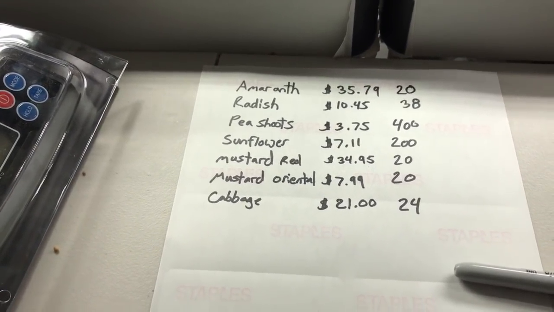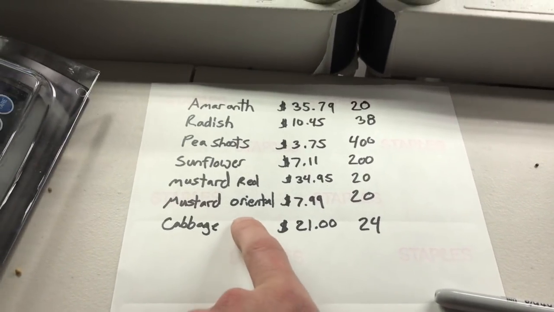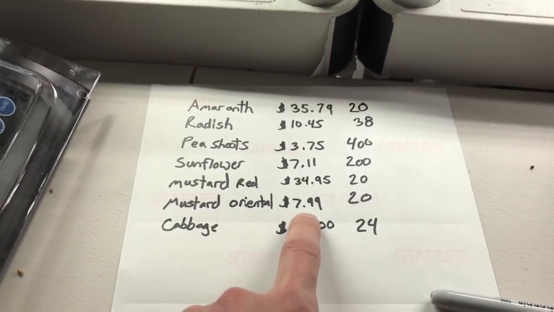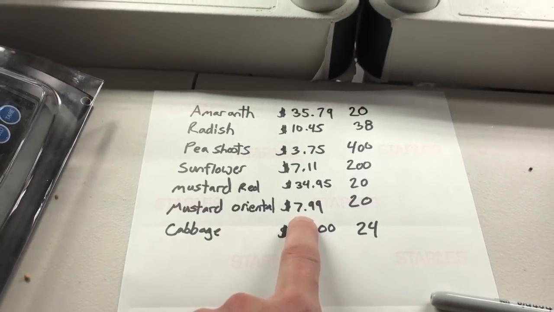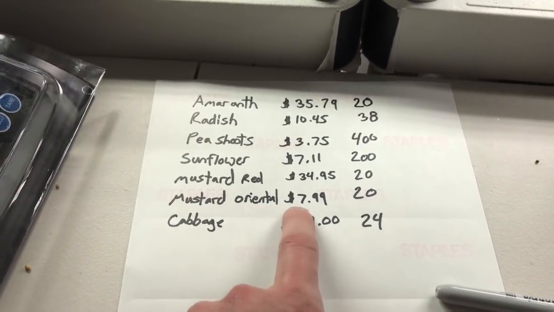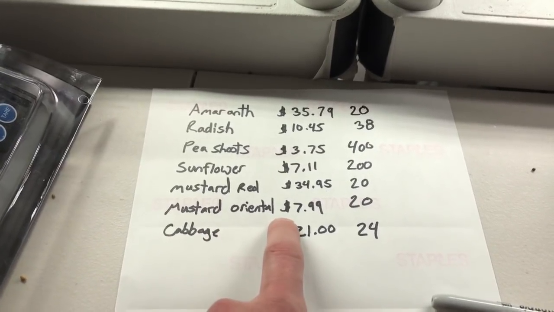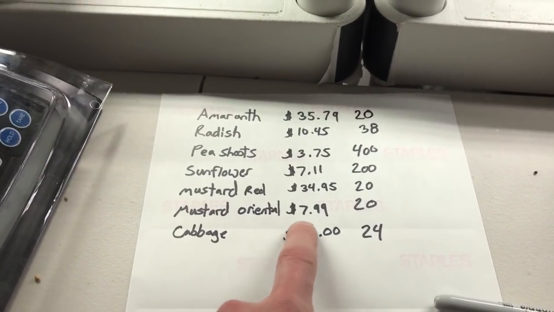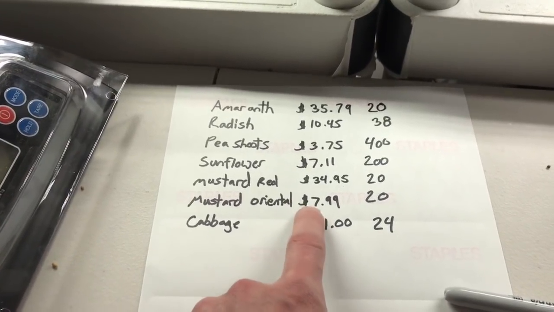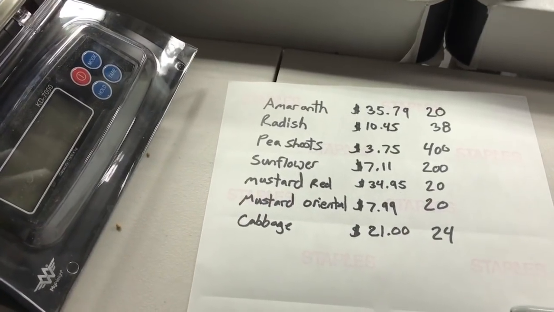You can also see that I got some big price differences for the mustard. The Oriental, I swear that they have a huge mistake at True Leaf Market, because they're saying $7.99 a pound, and that's for organic. And even their non-organic mustard Oriental spicy is like, I can't remember, but it's way more than that. It's like $35. So I don't understand what's going on here. And so let's get back to this.